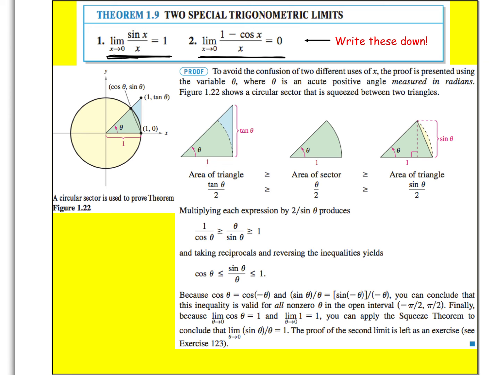So now I have 1 is less than or equal to sine of theta over theta, which is less than or equal to 1, when theta is going to 0. So I squeezed it right there. So what do I know of sine of theta over theta as theta goes to 0? It has to be 1. And that was proven to you by the squeeze theorem.